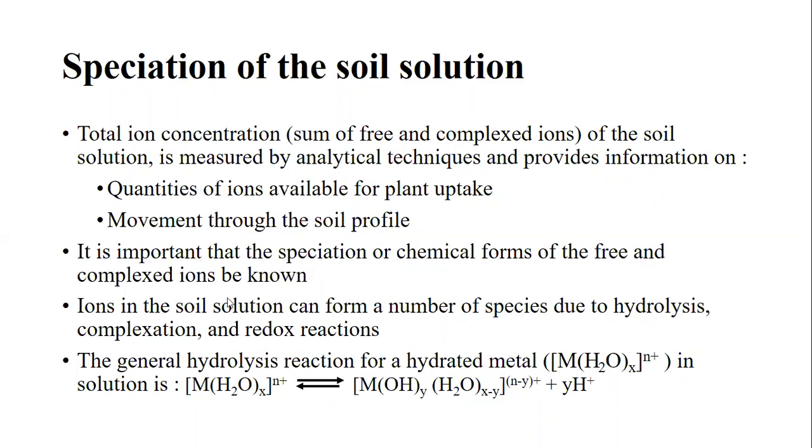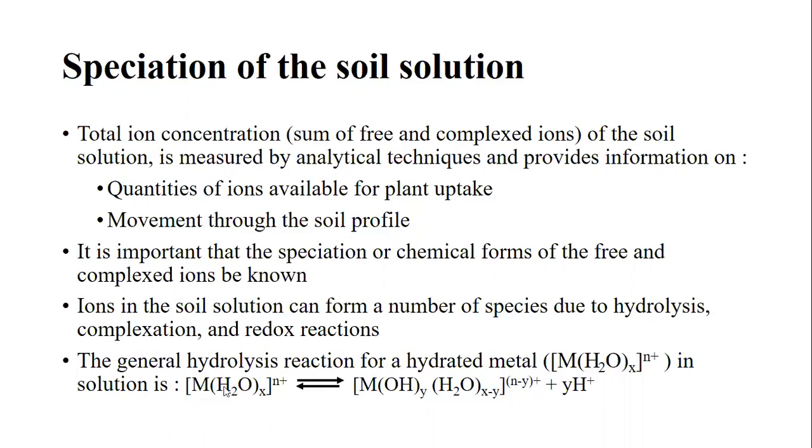We have to know. Ions in soil solution can form a number of species due to hydrolysis, complexation, and redox reactions. We'll take an example of a general hydrolysis reaction. Of course, this can be, say, aluminum going into AlOH, and so on. M is the metal, so it's a general thing.